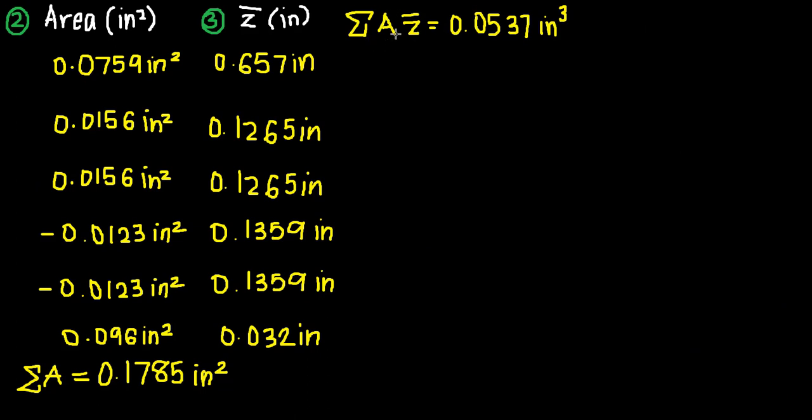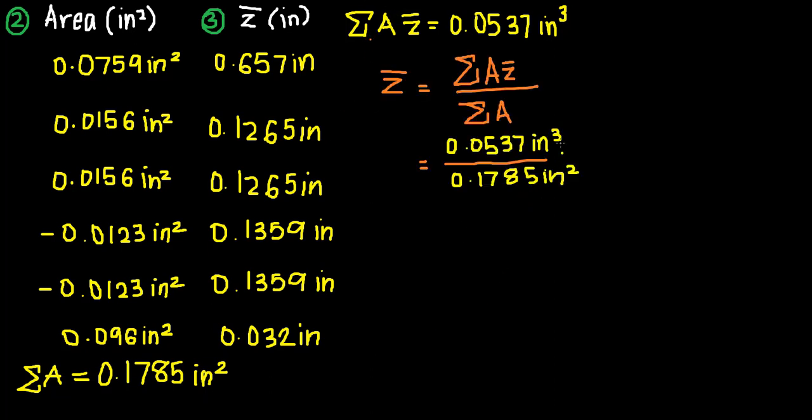So, having the summation of our AZ and the summation of our total area, we can finally calculate the centroid of our entire figure. And let's just plug in our given values. Okay, so now, as you can see, our inches square here will cancel out, and our cube. So we're only left with inches, which is what we want because this is our centroid position. So here is our z position.